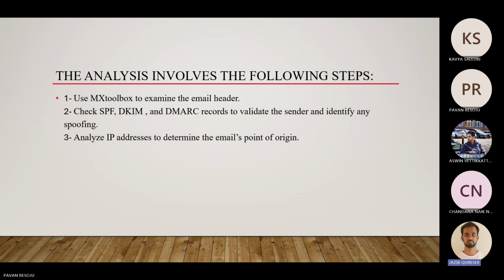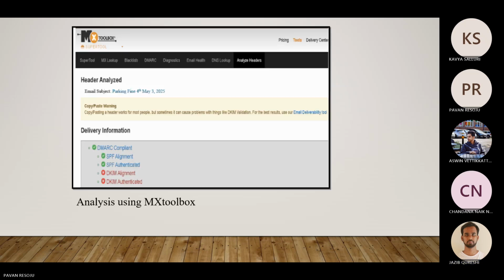Okay, on the next slide we see the pictorial diagram of the tool we discussed earlier, which is called MX Toolbox. In MX Toolbox, under the delivery option, we have some green and red marks.